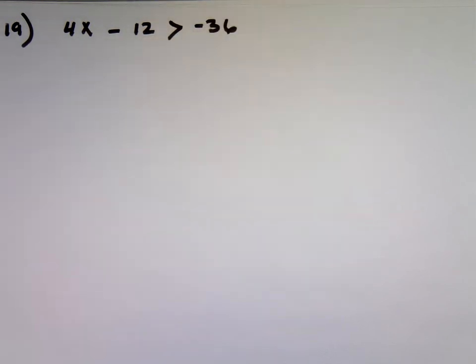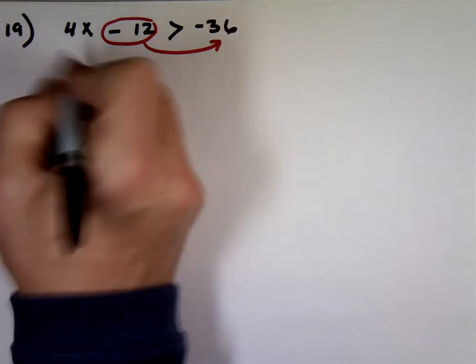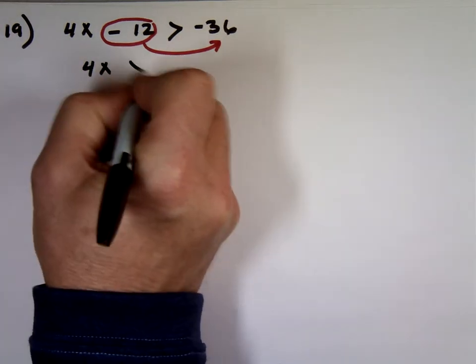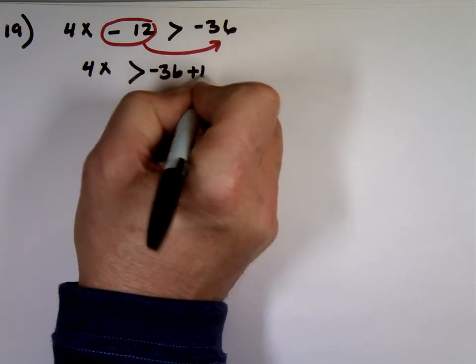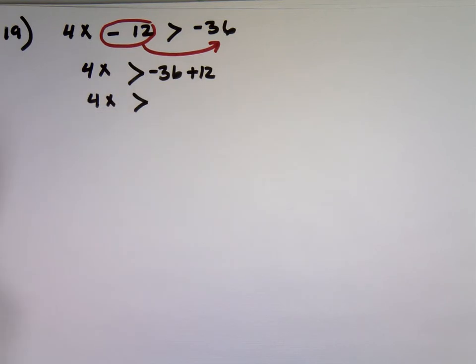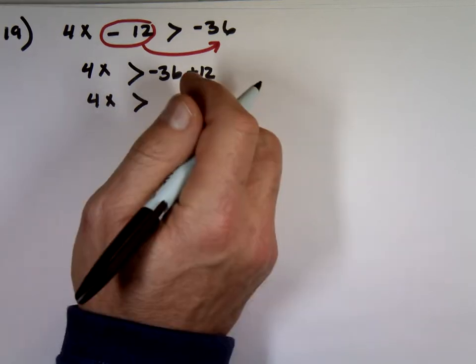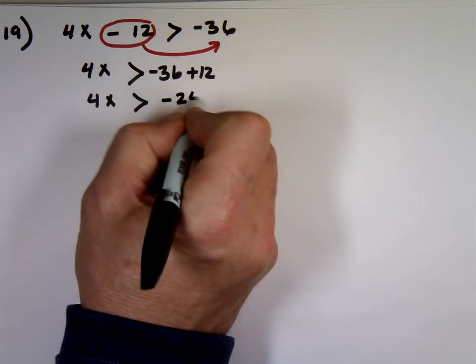Move the minus 12 to the right side, just like solving equations. Change side, change sign. 4x is greater than what? Negative 36 plus 12. What's negative 36 plus 12? Is it negative 24?